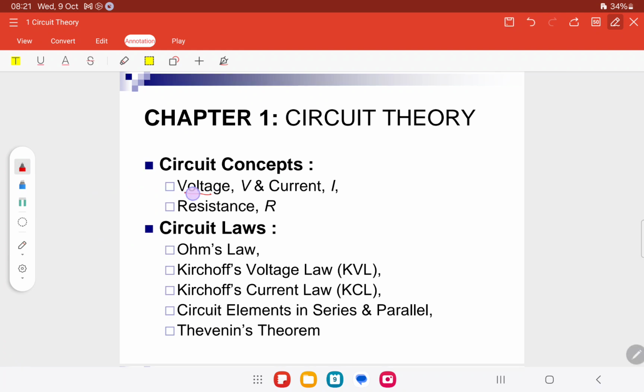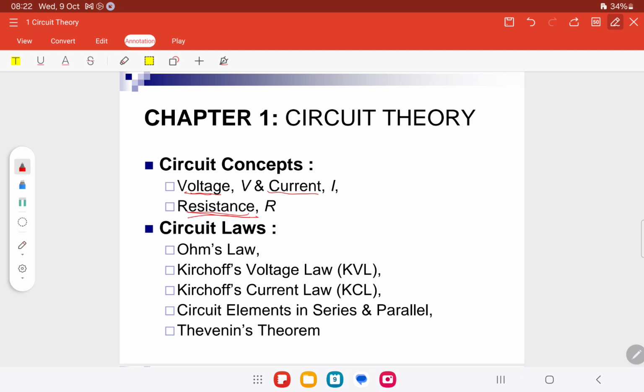In the context of circuit theory and electrical engineering, an element refers to a fundamental building block or component within an electrical circuit. We have passive elements and active elements, and resistance is a passive element.